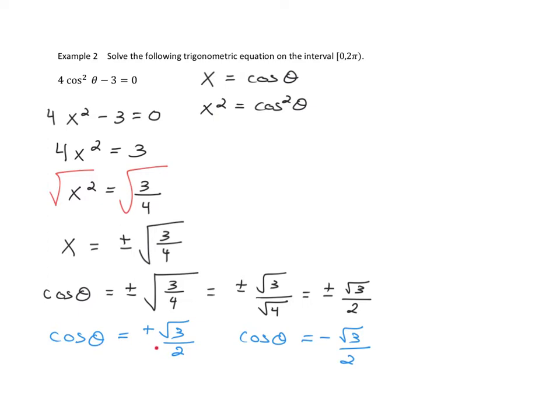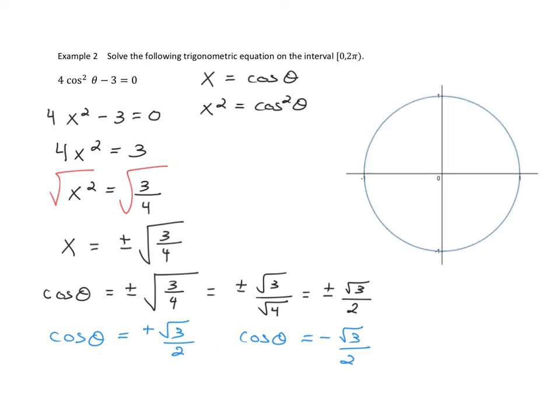Okay, so where does cosine of theta equal positive root 3 over 2 and negative root 3 over 2? Let's bring in a unit circle as a guide. All right, so for starters, where is cosine equal to positive root 3 over 2? We have to know an angle for which this is true, something to start with. And it's actually pi over 6, kind of like the last example.